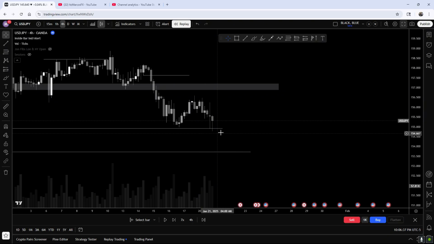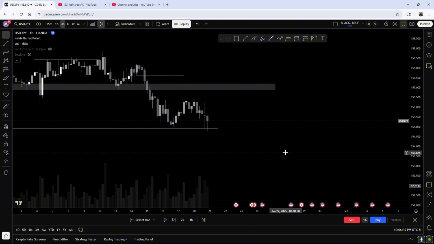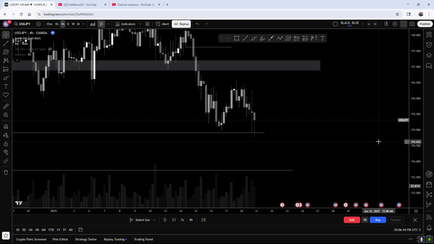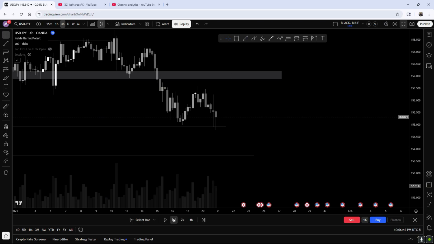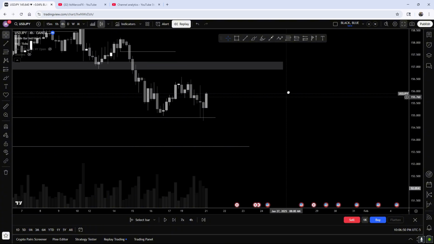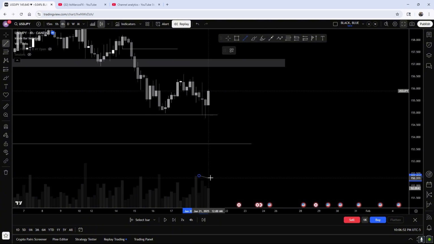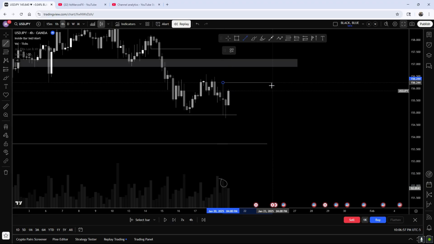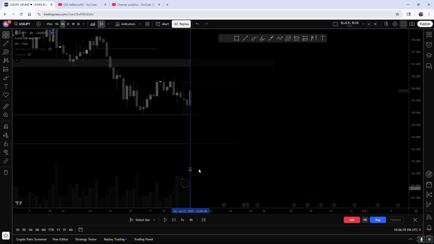And we finally get this volume taken out as well. So I just want to see what price does from now. So we get a push up, and I would say this is kind of a strong volume candle as well to the downside.